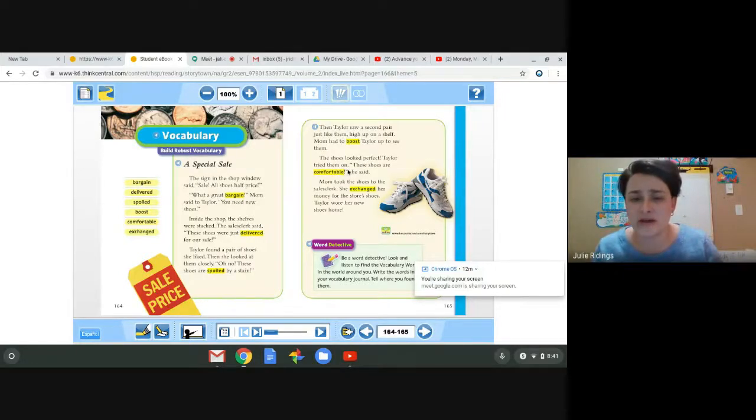Taylor tried them on. These shoes are comfortable, she said. Mom took the shoes to the sales clerk. She exchanged her money for the store shoes. Taylor wore her new shoes home. So those are our high frequency words this week.